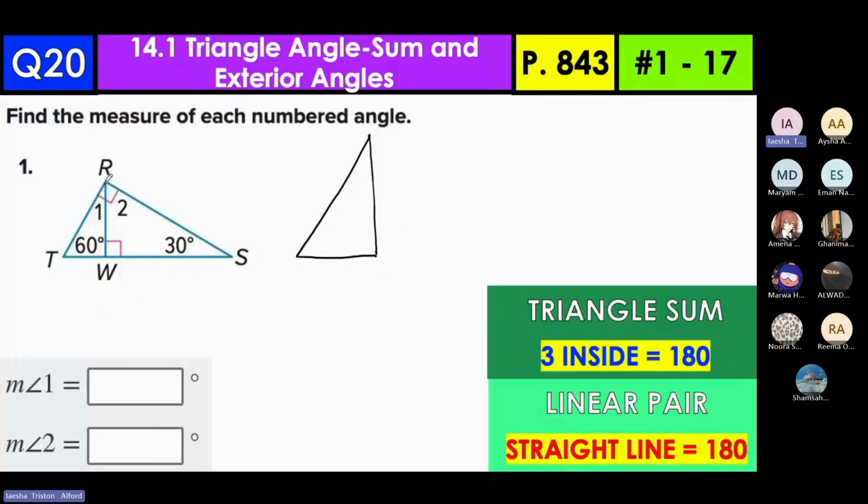If I'm talking about this triangle here that I'm outlining in black, this is 60 and this is 1. So I have a problem here. What's my problem?